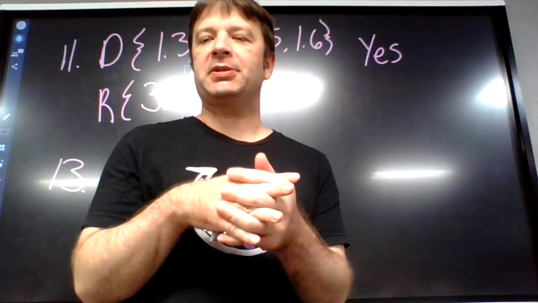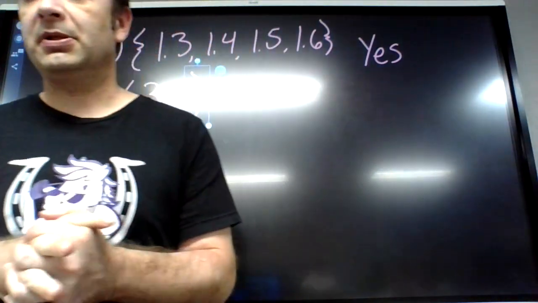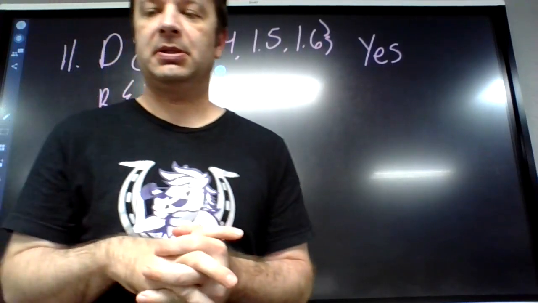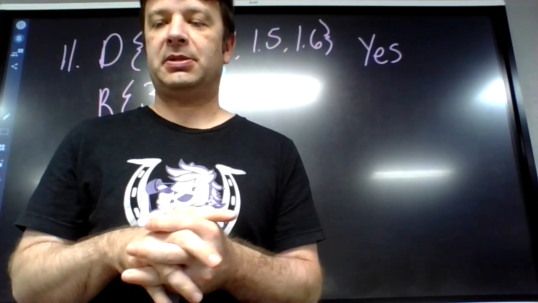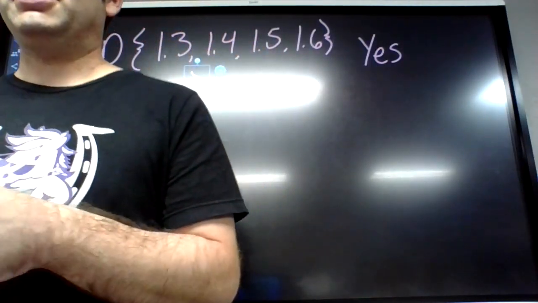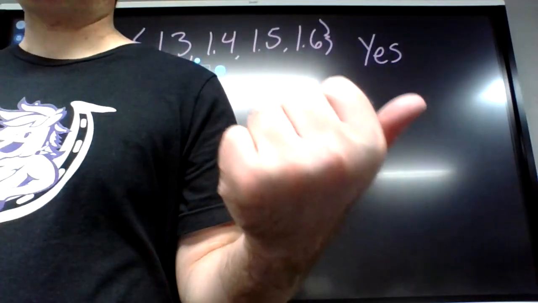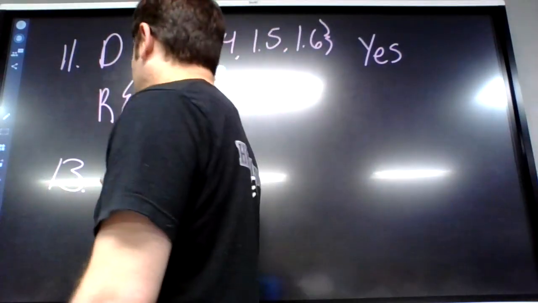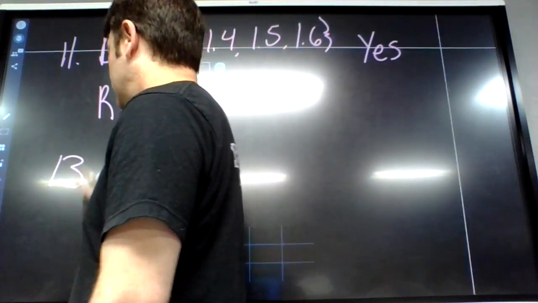So basically the x's don't repeat themselves. So is 13 a relation? Yes, because it's a couple ordered pairs. Is it a function? Yes, because the x values are unique, 2 and 4.7. So it's a relation and a function. It is option A.